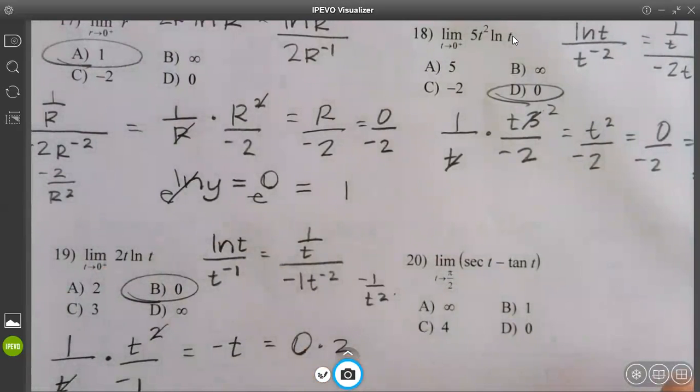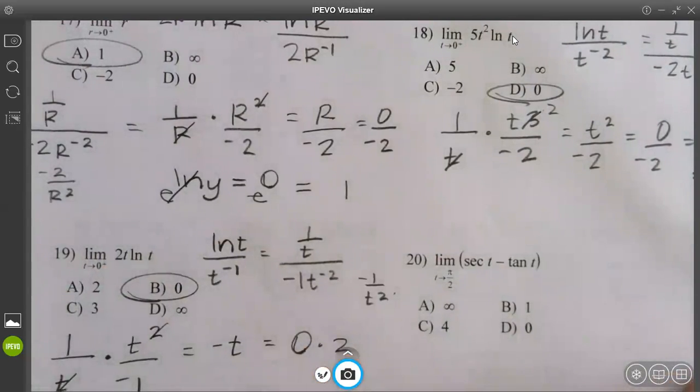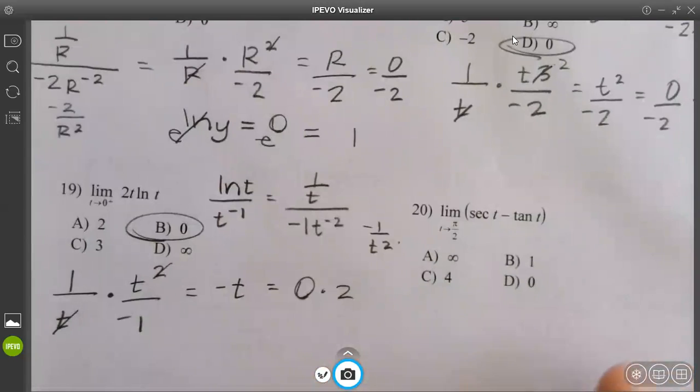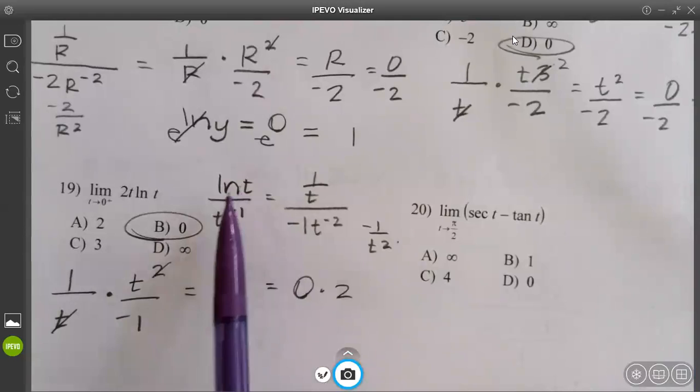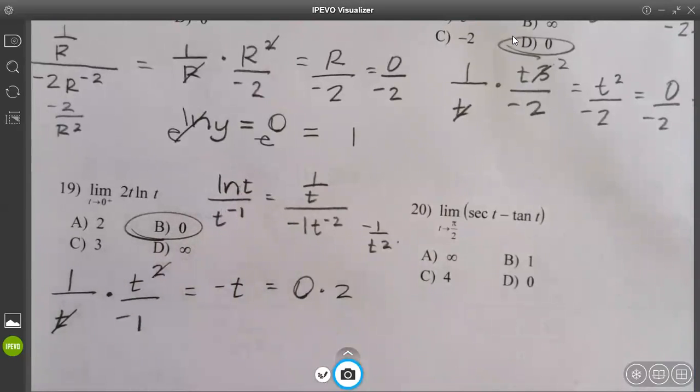Why do we put the ln t on top and not just the t? Because what is the derivative of ln t in parentheses to the -1?